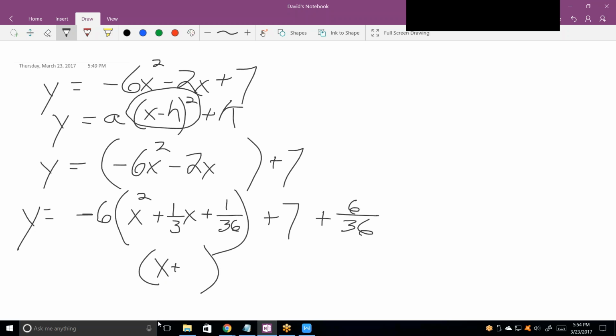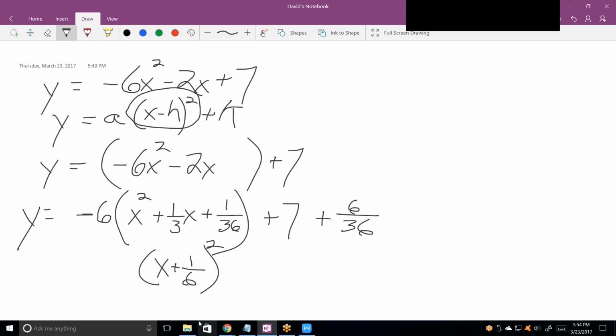And now, what was half of a third? 1/6. If you square x plus 1/6, you'll get this. You'll get x squared plus 1/3 x plus 1 over 36.